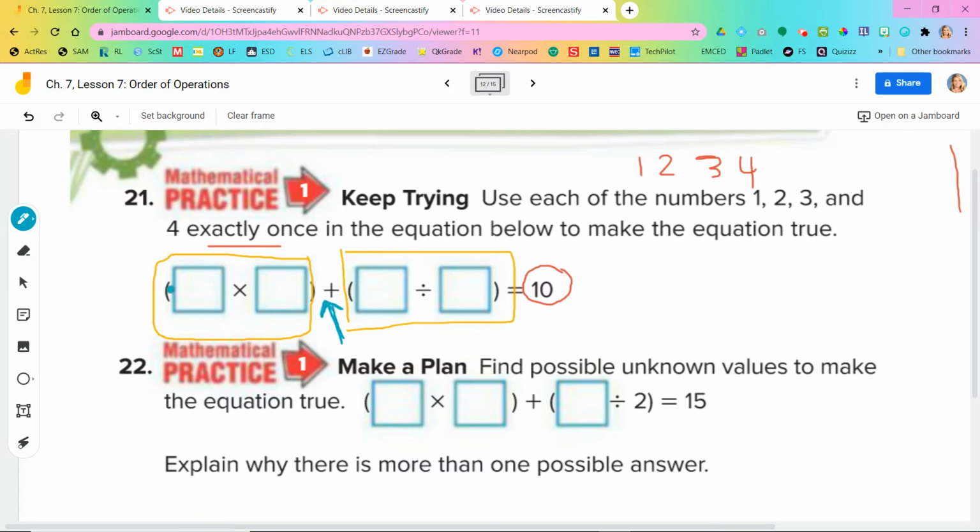If I'm adding two numbers, what are two numbers that I can add together to get 10? Today, I think Lakin maybe suggested that we use 6 and 4.